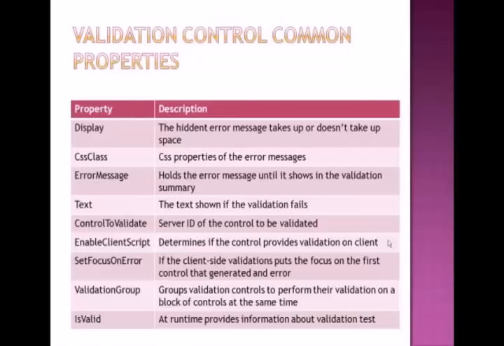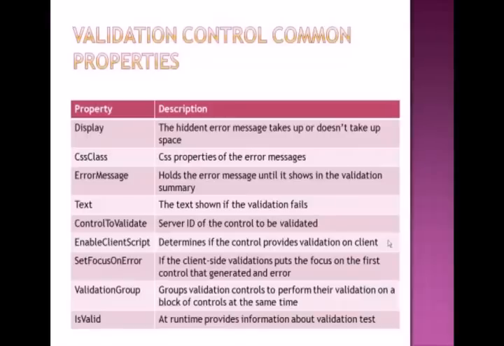The text property is used as a text of the validation control and is displayed where the validation control is located. So you can combine the text property and the error message together to put, for example, an asterisk next to the controls that failed, and in the validation summary, show the error message of all the controls whose validation has failed.